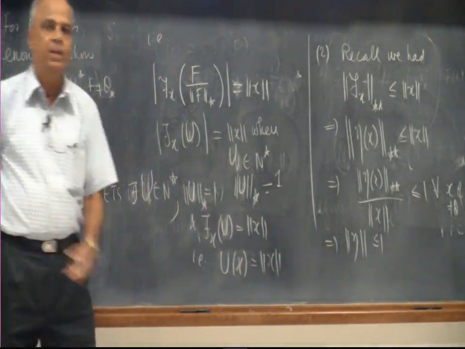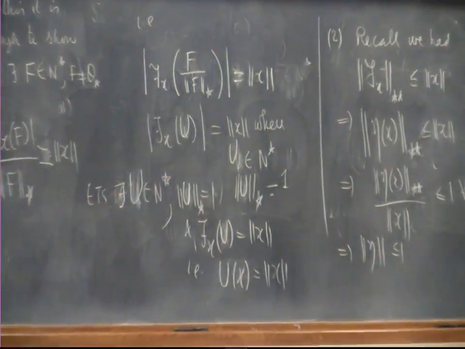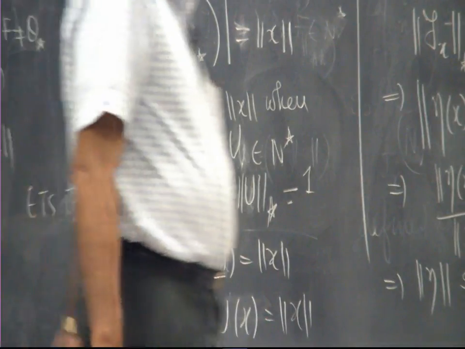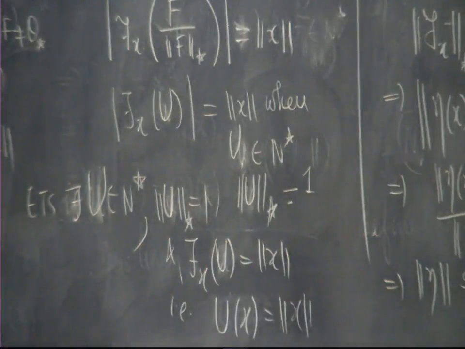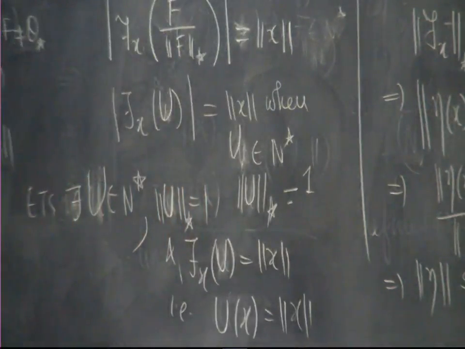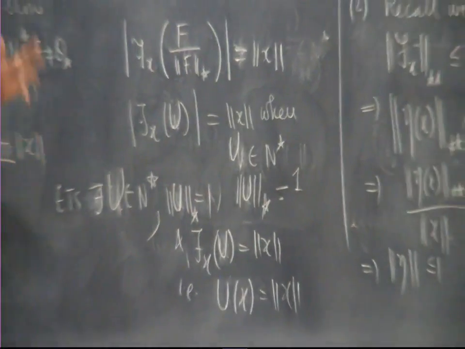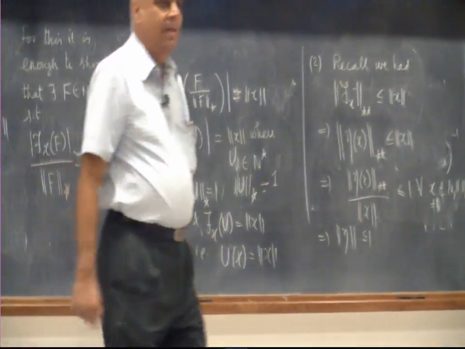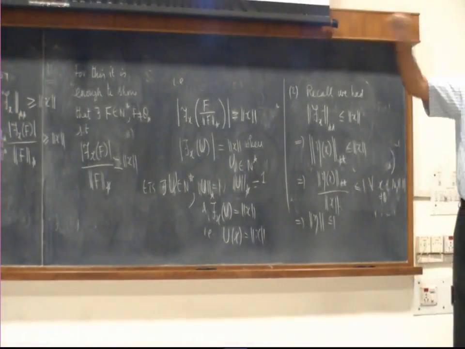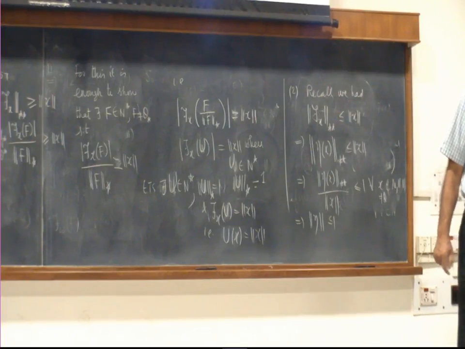So Fx of anything is that anything acting on x, by definition, remember that. So U of x equals norm x. So that's the crux of the matter. Obviously I don't have to worry about the x equal to 0 case. Why? In the x equal to 0 case, the shadow is going to be 0. There is really no big problem.